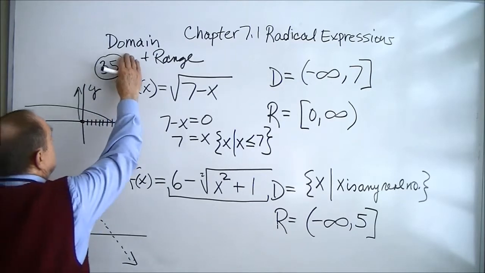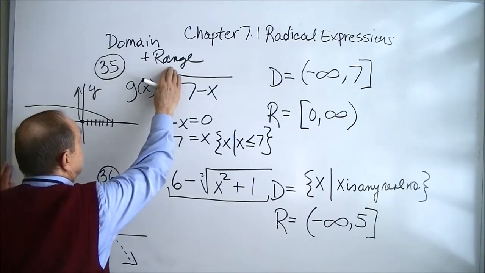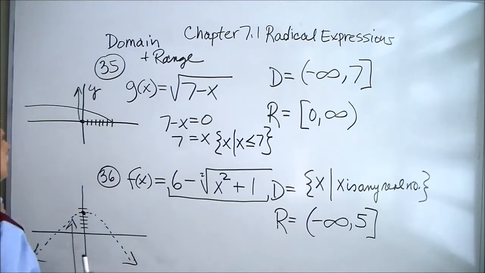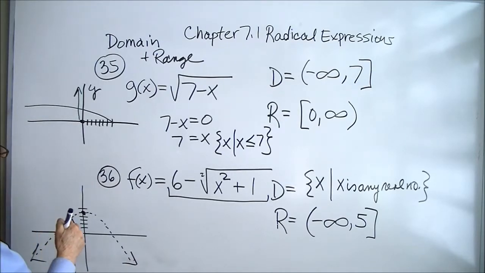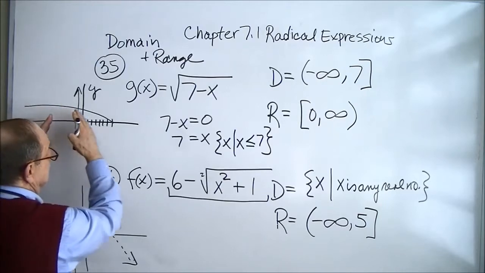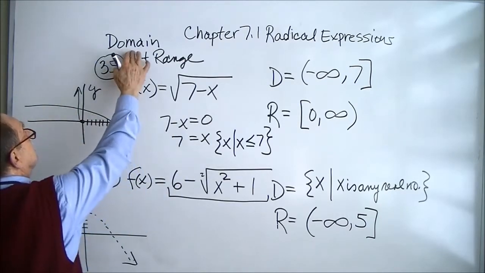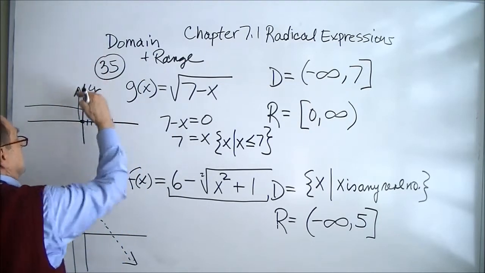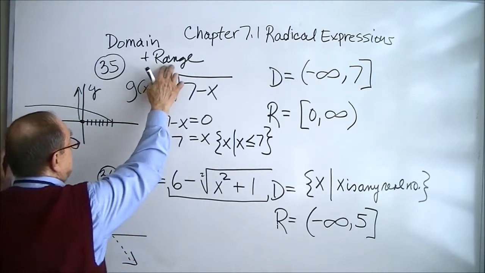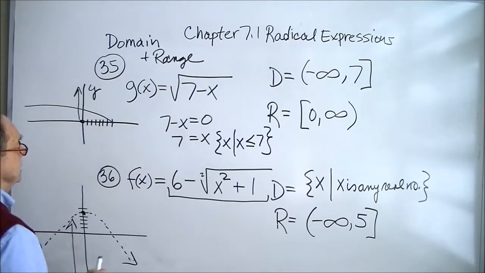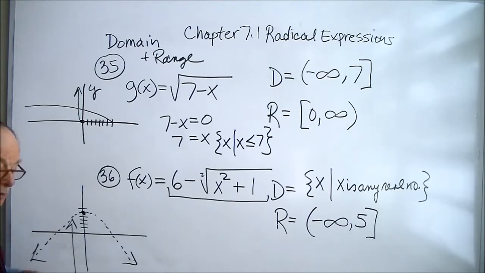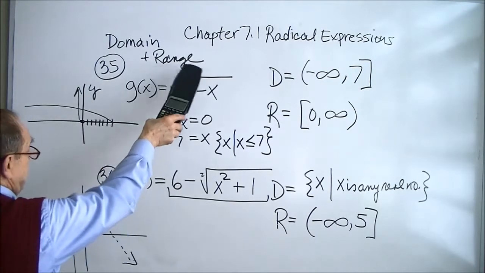But here we're doing domain and range. So we're trying to figure out where something is along the x-axis, that would be the domain, and then where it is along the y-axis, that would be the range. And they're asking us to use a graphing calculator to figure out the range.